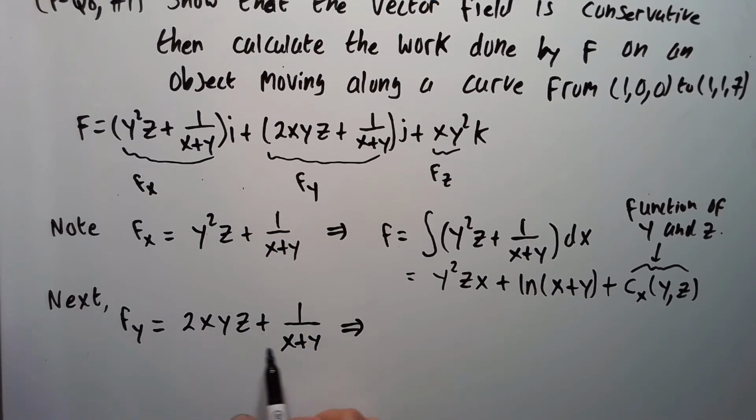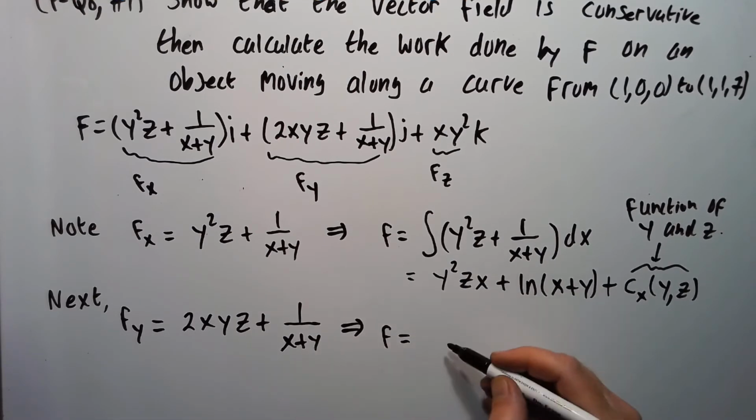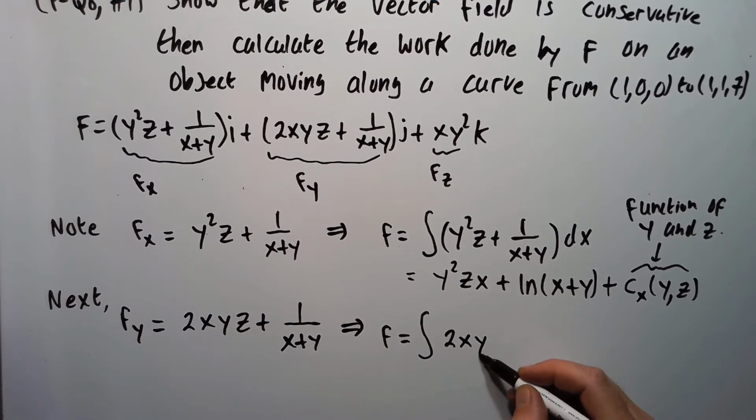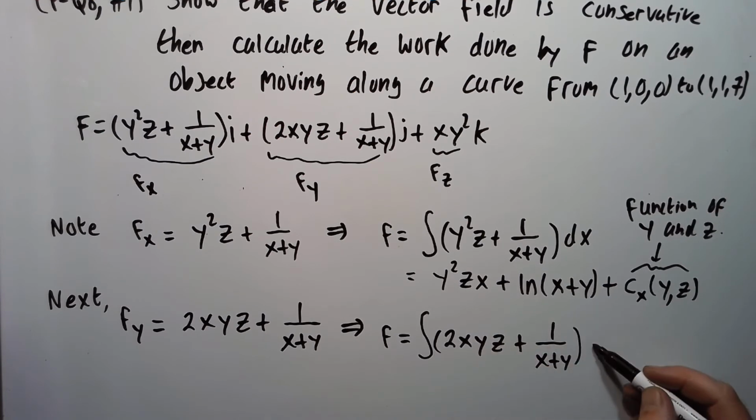So integrating both sides with respect to y, integrating this side will just become f. That'll be the integral of 2xyz plus 1 over x plus y dy. Okay, so integrating this with respect to y now.